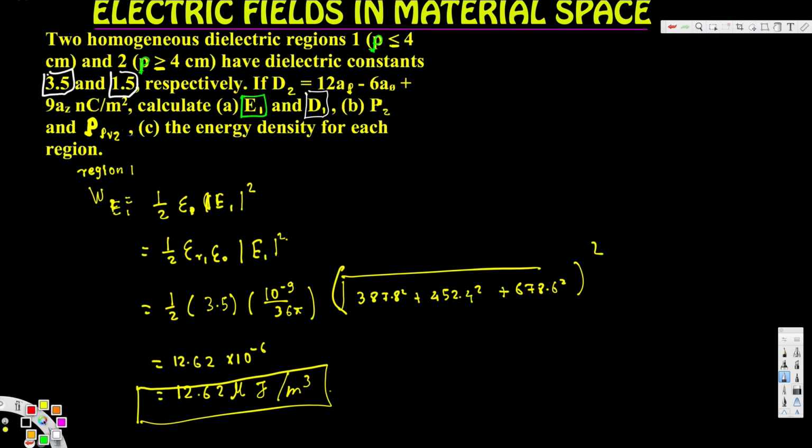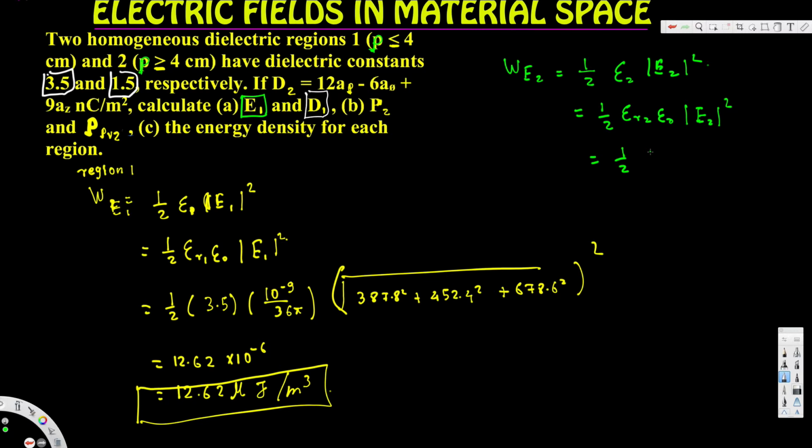Now let's go to region 2. WE2 is going to be exactly the same thing: half epsilon 2 E2 square. So epsilon 2 is going to be epsilon R2 epsilon naught, times the magnitude of E2 square, times half.